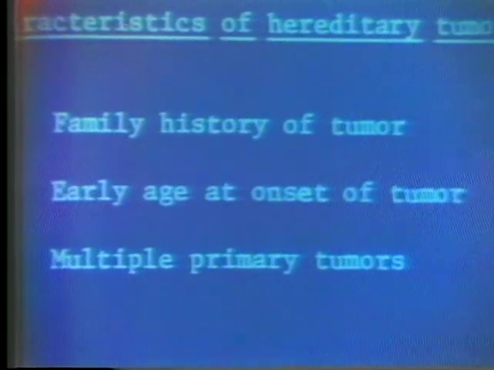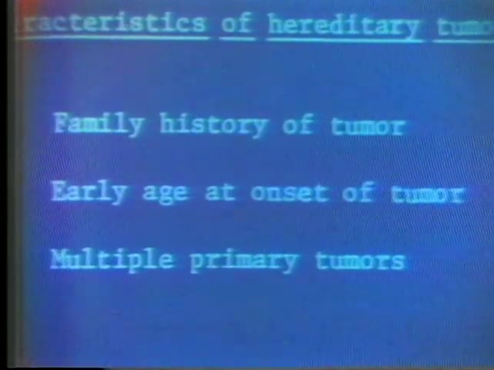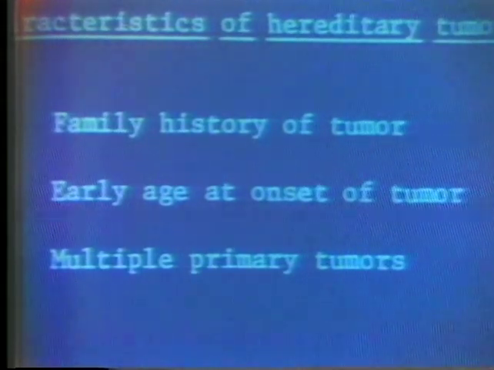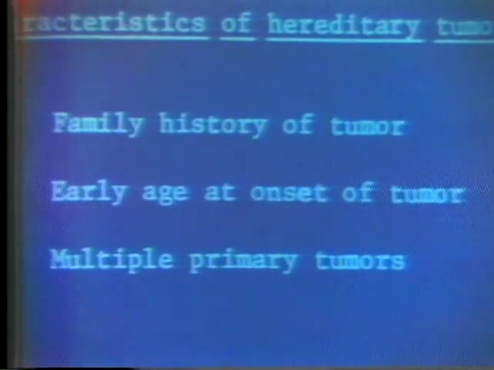And the last characteristic is multiple primary tumors, both of the same site as well as of other tumor sites. So that when you apply some of these characteristics, which we learned really through looking at individual pedigrees, when you apply them to larger populations in a retrospective way, you can come up with much more meaningful data. Next slide, please.